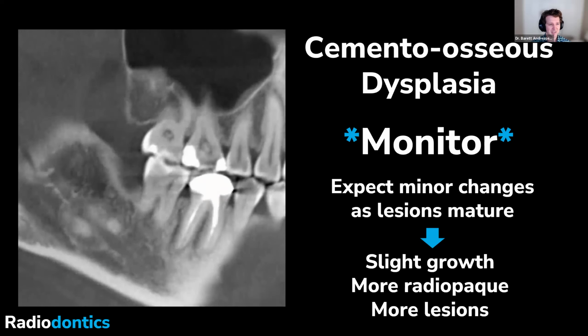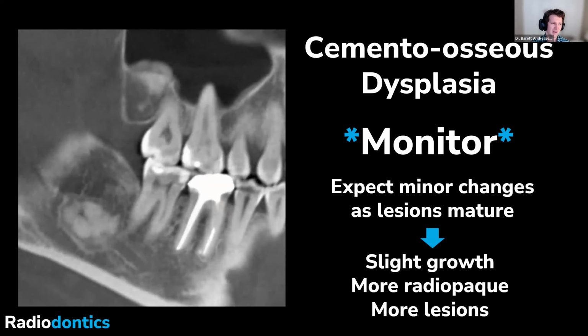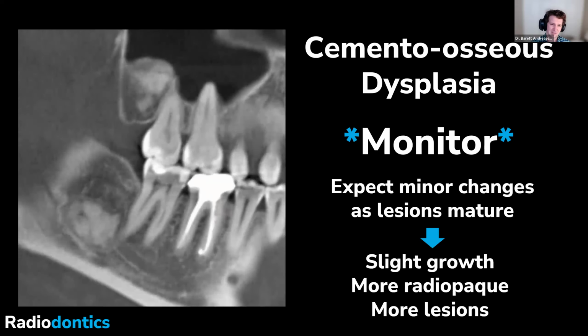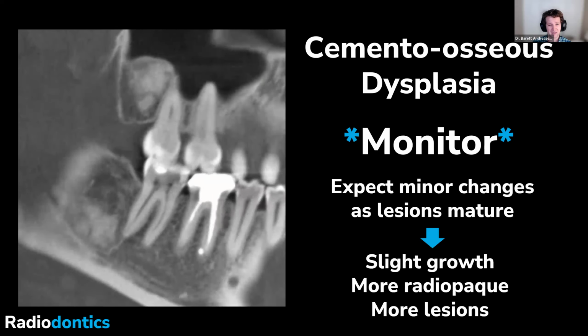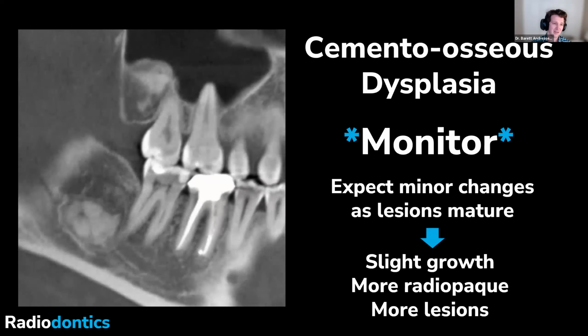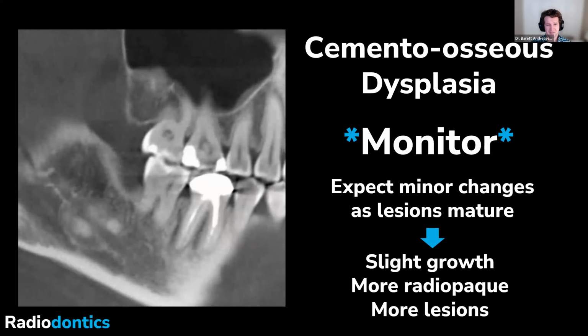Sometimes cemental osseous dysplasia can form simple bone cysts or become secondarily infected and be a source of osteomyelitis. So we do recommend monitoring these every year or two just to watch for any significant changes.